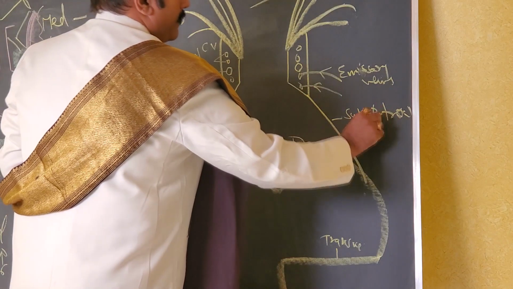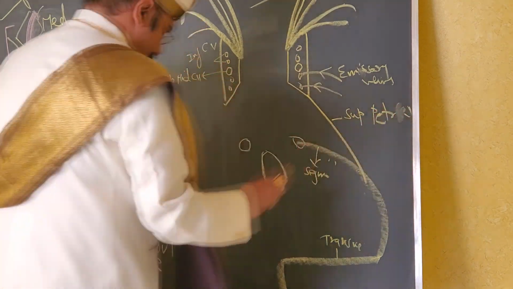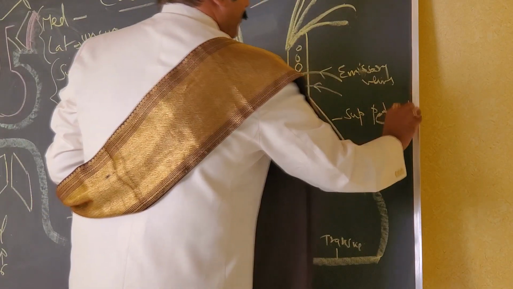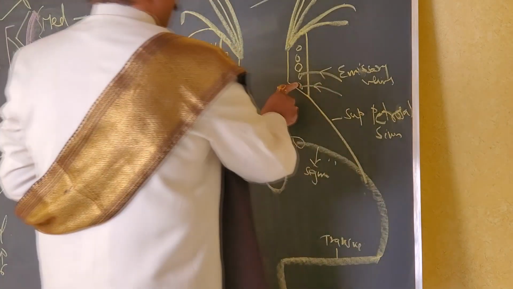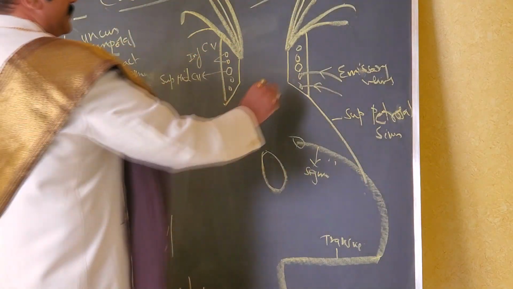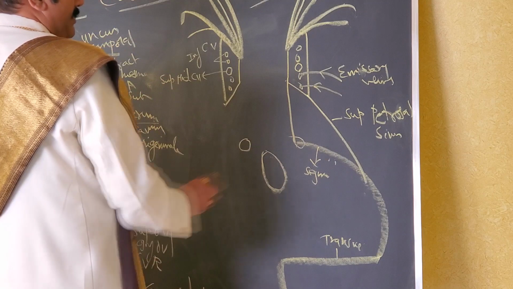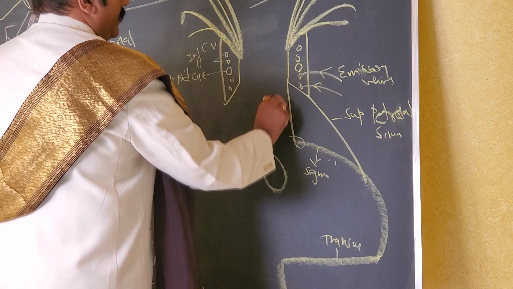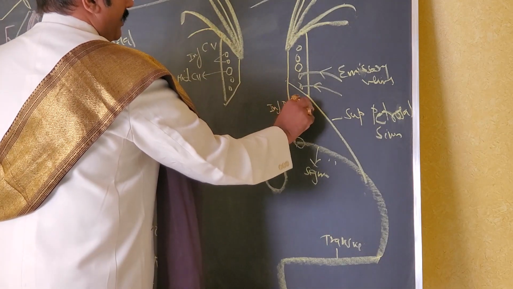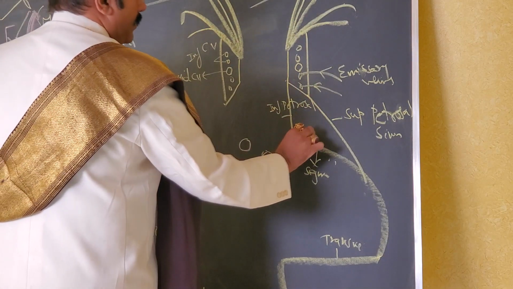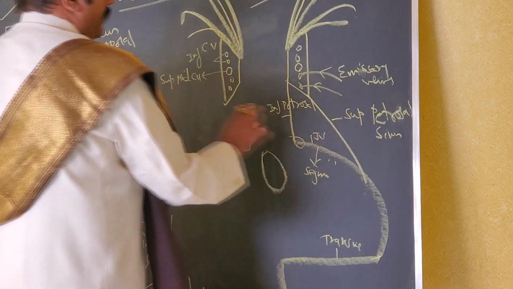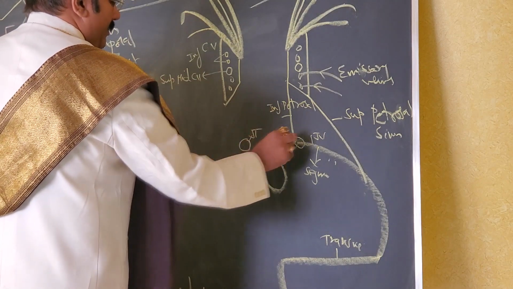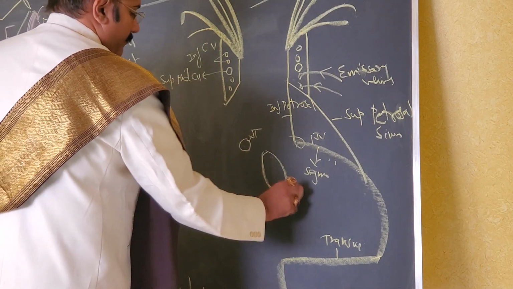The superior petrosal sinus communicates the cavernous sinus with the transverse sinus, and this is the inferior petrosal sinus, which is communicating with the internal jugular vein. Here we have got the internal jugular vein, that is the jugular foramen. So these two are the jugular foramina that are present. This is the foramen magnum.